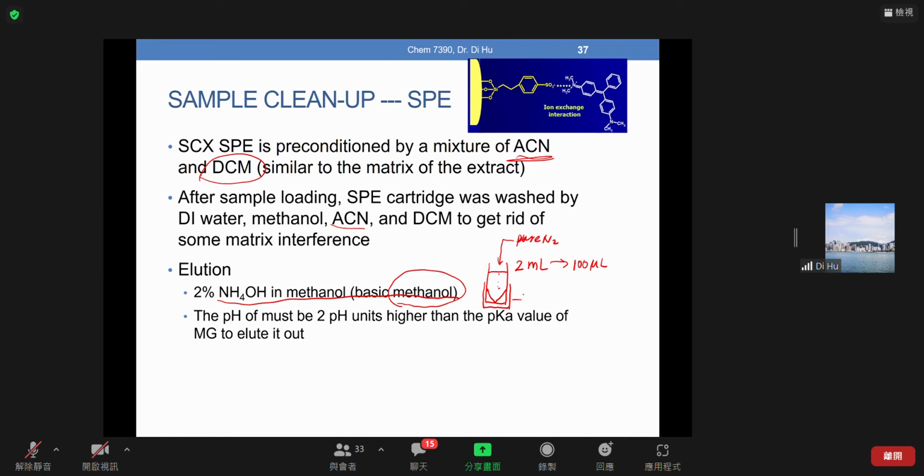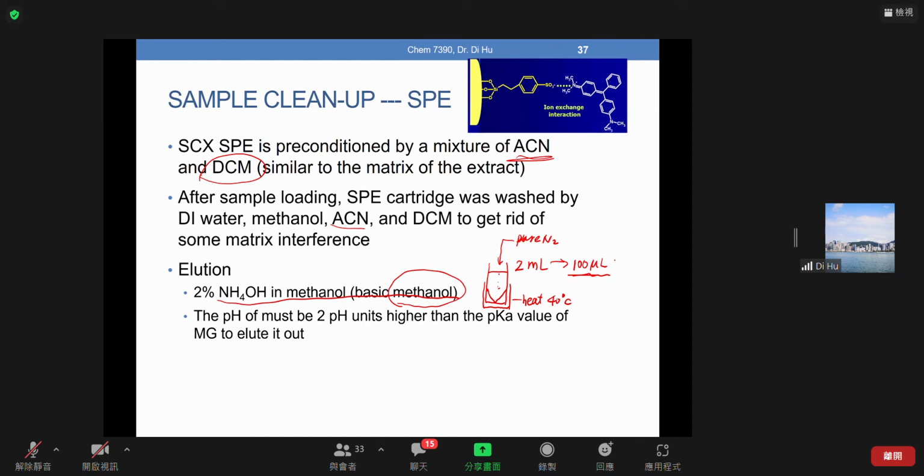In the heating module, you can gently heat at 40 degrees C, and the nitrogen goes through, and then the solvent can concentrate. You can even blow it dry, but gently, and reconstitute in 100 microliters of solvent, the same as the starting solvent mixture of your LC program. So this is how we do that.